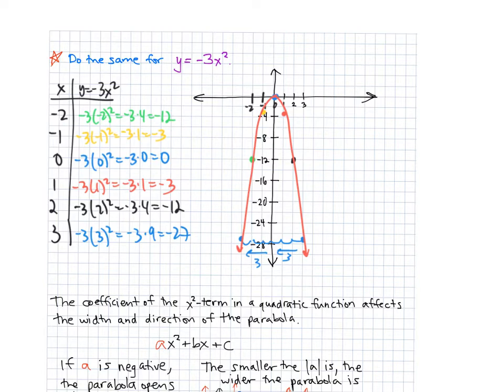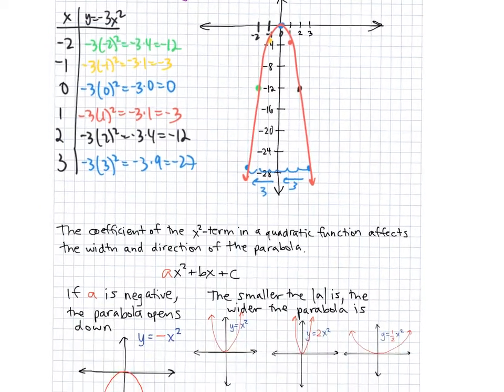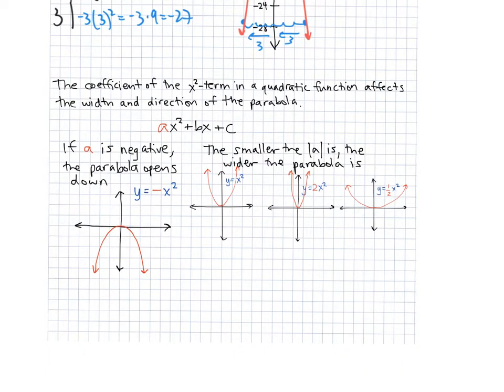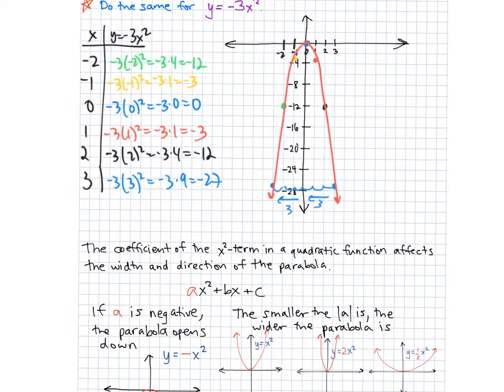Okay, so we saw before we have the smile and the frown parabolas. The thing that is going to impact that is the coefficient on the x squared term, or your a. So this a here is where you can tell if it opens up like a smile or opens down like a frown. So if a is negative, then the parabola opens down, and we saw that here, right?